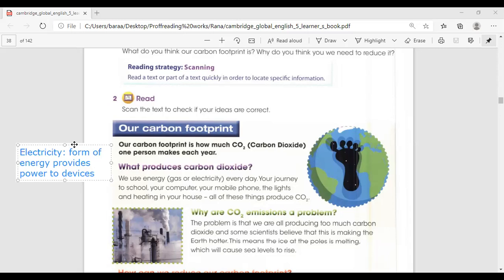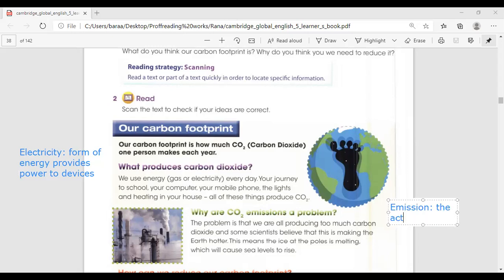So, here's another new vocab: emission. The word emission is what? The act of sending out gas. Let's write it here next to it. Emission is what?